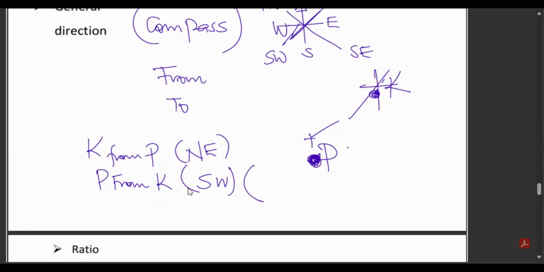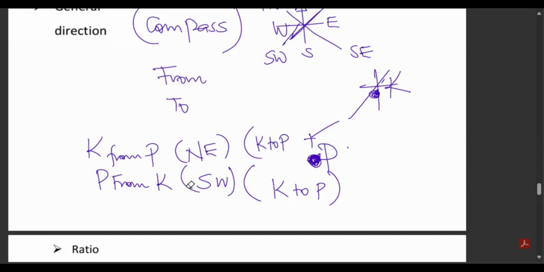This one would be the same as K to P. And this one would be P to K. "From" means you're from P, heading to K. I hope you have understood that. Okay.